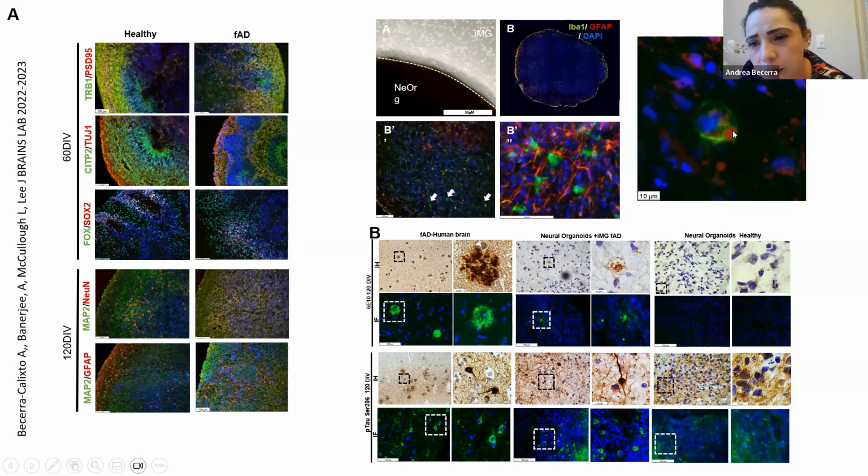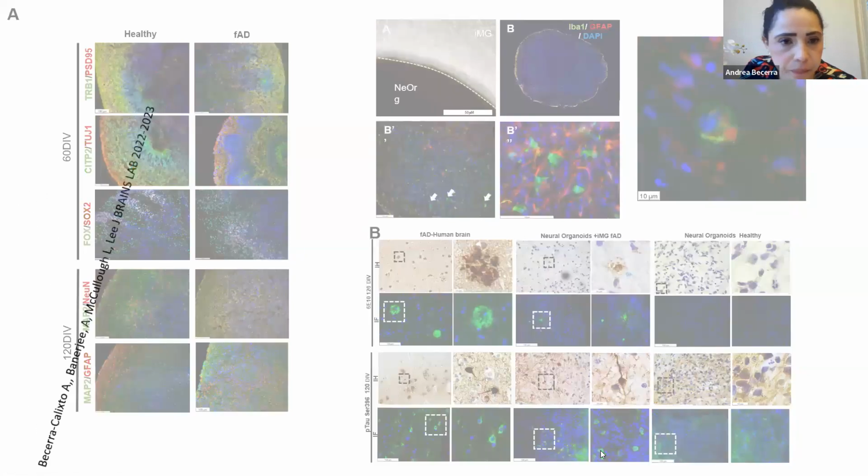Sorry, I forgot to put the markers here, but this is the A beta amyloid plaque. The green cells are the microglia, and we can see how this microglia phagocytose. This is the human brain with A beta amyloid plaques, and this is how it looks in the neural organoids with microglia. It's not exactly the same. We cannot mimic exactly, but we have some histological characteristics, such as plaques and some tau tangles, in the organoids.